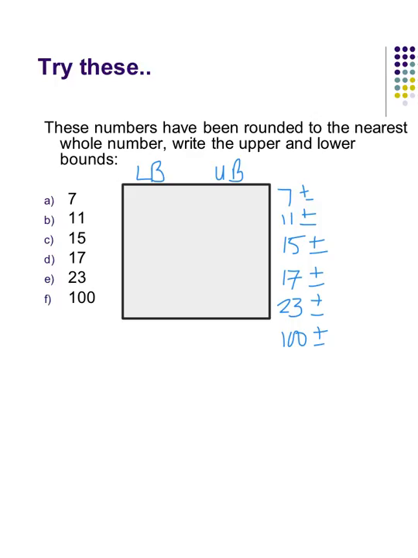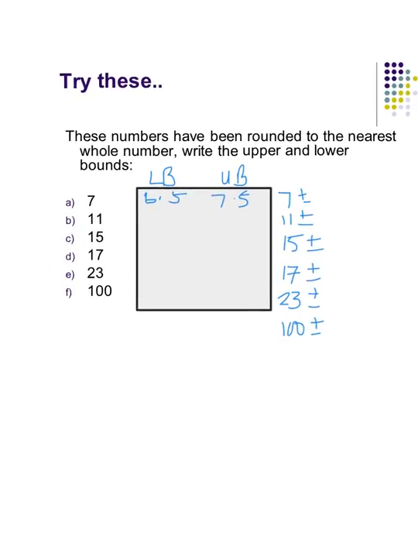So here we have some numbers and they've been rounded, we're told, to the nearest whole number. Write the upper and lower bound. So for each of these we're going to subtract 0.5 to find the lower bound. So that would be 6.5 and the upper bound would be 7.5. 7 plus or minus 0.5.